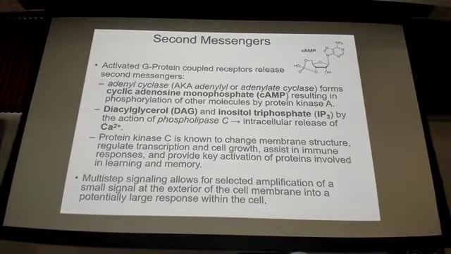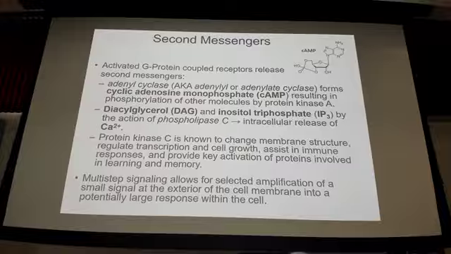So we talked about these different second messenger systems. For the stimulatory G coupled protein receptors, you have adenyl cyclase. When stimulated, it will cause the conversion of ATP to cyclic AMP and modulation of protein kinase A. When G sub I coupled proteins are activated, adenyl cyclase will not be activated, causing certain physiological effects not to occur.